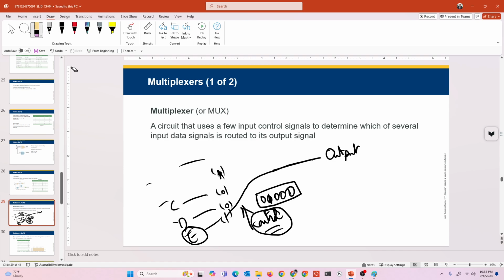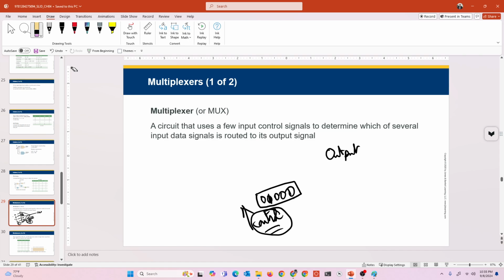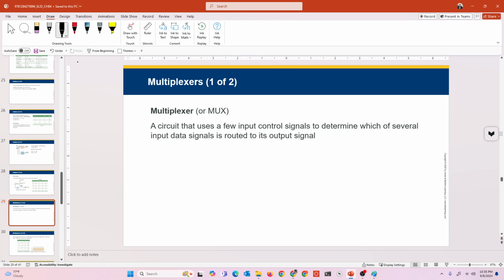Multiplexers are extremely important in transferring data through long distances. Why? Because we can transfer in serial, one digit after the other, and we can tell the code, this is the first one, this is the second one, this is the third one. Imagine we have a multiplexer like this.